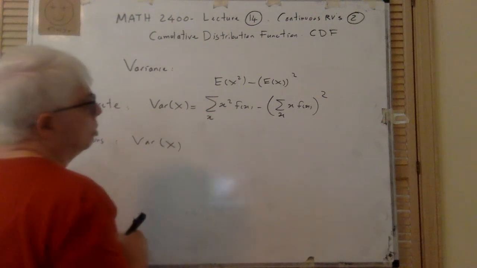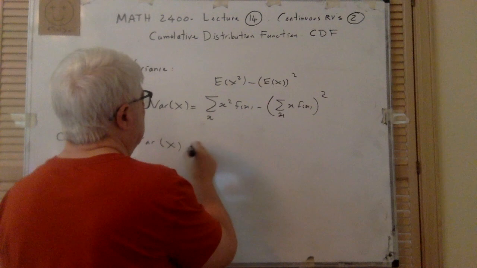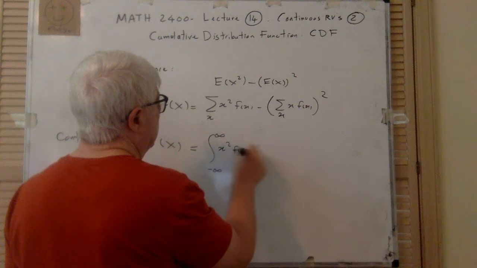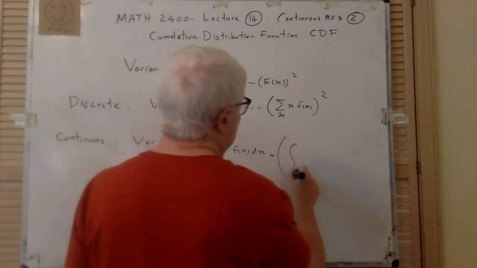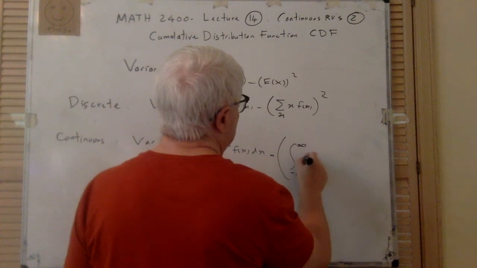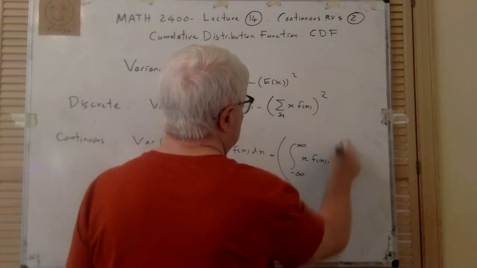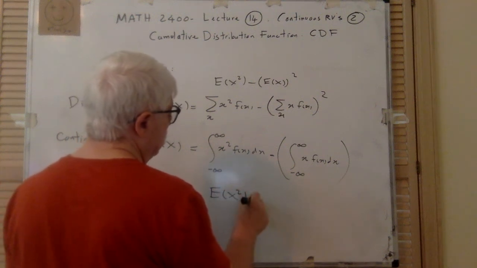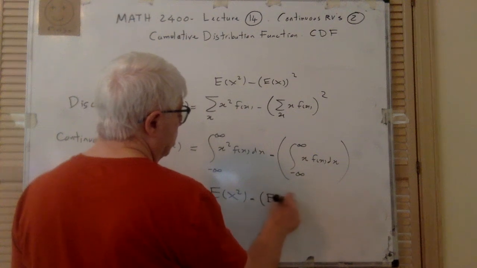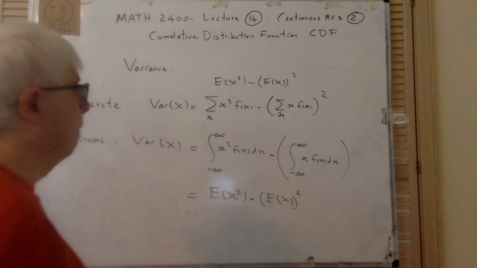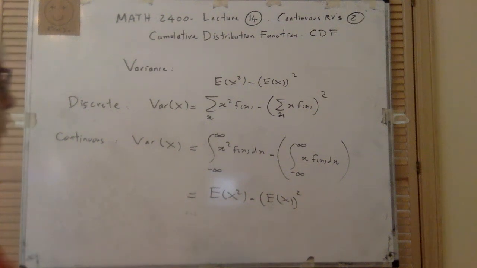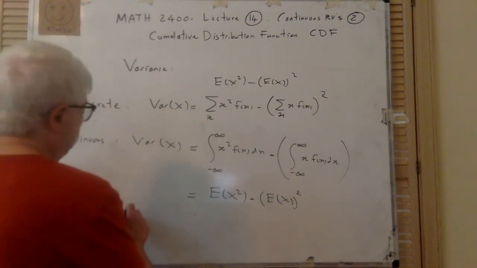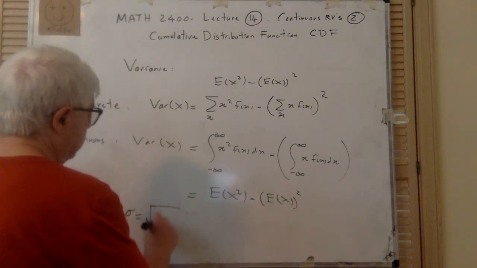And remember, again, sigma becomes integral. So that is the integral from minus infinity to infinity of x squared f(x) dx minus the square of the integral from minus infinity to infinity of x f(x) dx. And again, this by definition is E of x squared minus (E of x) squared. So that is variance, and sigma is the square root of variance.